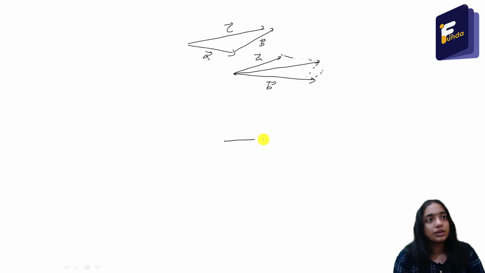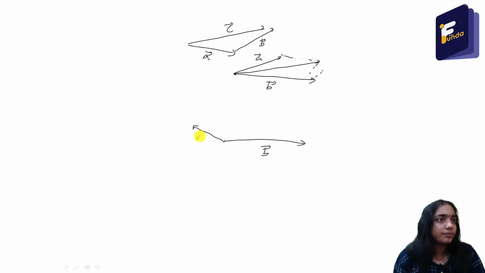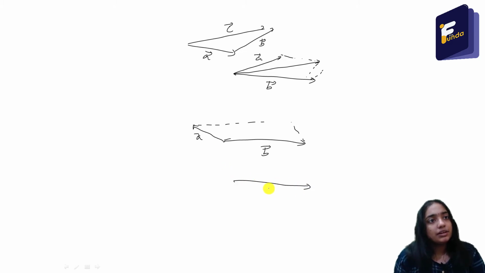Say I put B vector here, and A vector in this direction like this. Here you can see that the magnitude is coming a little bit less.